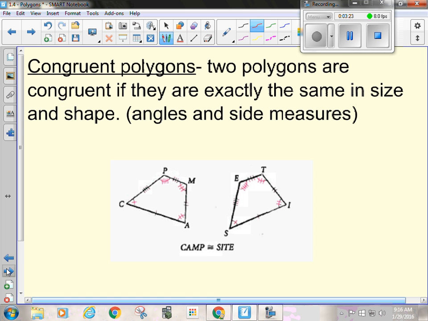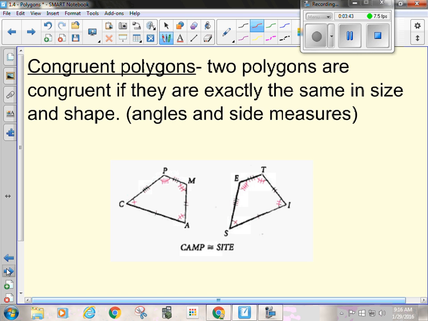All right, congruent polygons. Two polygons are congruent if they are exactly the same in size and shape. So angles and side measures need to be exactly the same. If we look at this example here, all of our angles have been marked as congruent and all of our sides have been marked as congruent.